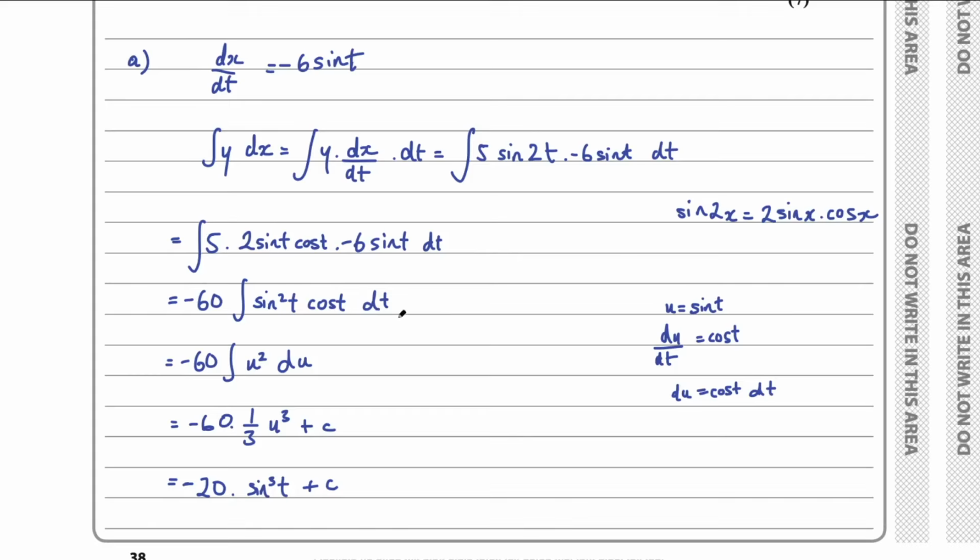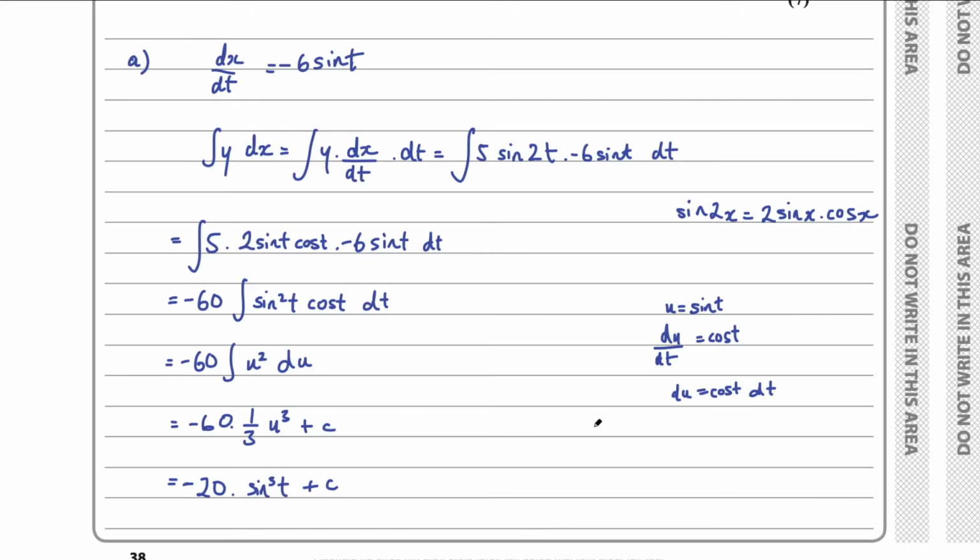Or let's say you let u equal to cosine, you wouldn't get rid of this dt so easily. But when we let u equal to sine t, we end up with du equal to cosine t dt, and that effectively gets rid of that cosine function and makes the integral much simpler.